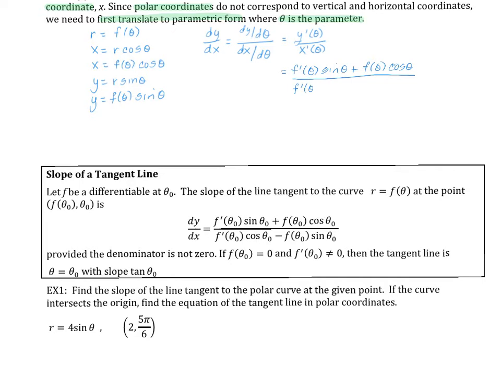The derivative of f, cosine stays the same, plus f stays the same. The derivative of cosine is negative sine.